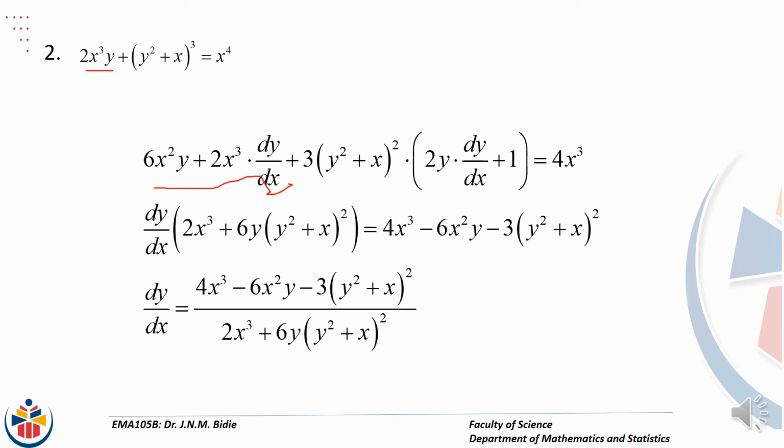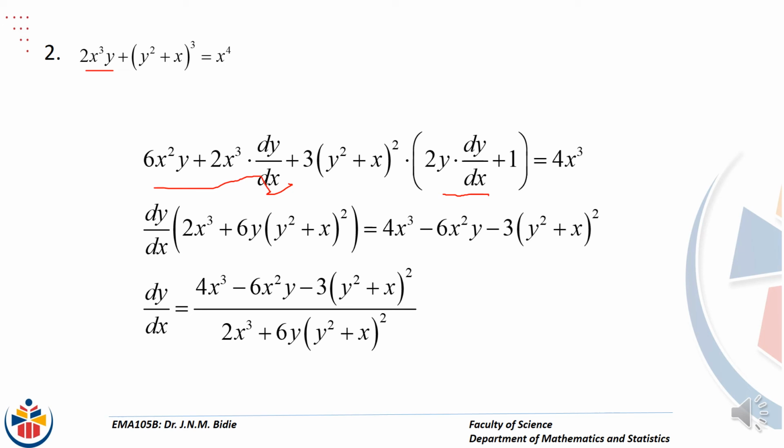So we start with the power. We'll get 3 into y squared plus x all to the power 2 multiplied by, now we go inside, we'll have 2y times dy over dx. Please remember, all the time when we differentiate y, we always multiply by the derivative of y with respect to x. And then the derivative of x, which is 1.